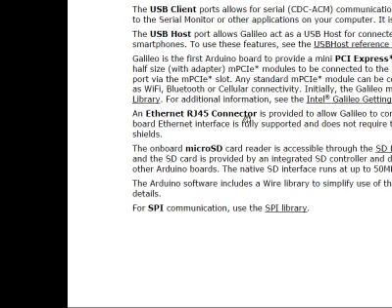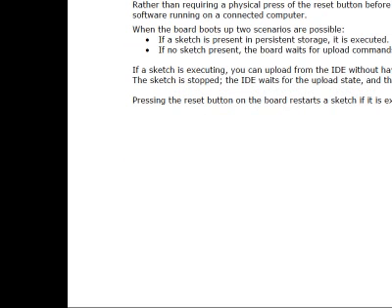Ethernet is also an option. This Galileo board can be programmed with Arduino software, and when you are ready to upload the sketch to the board, you can program it through the USB client port by selecting the Intel Galileo as your board in the Arduino IDE.